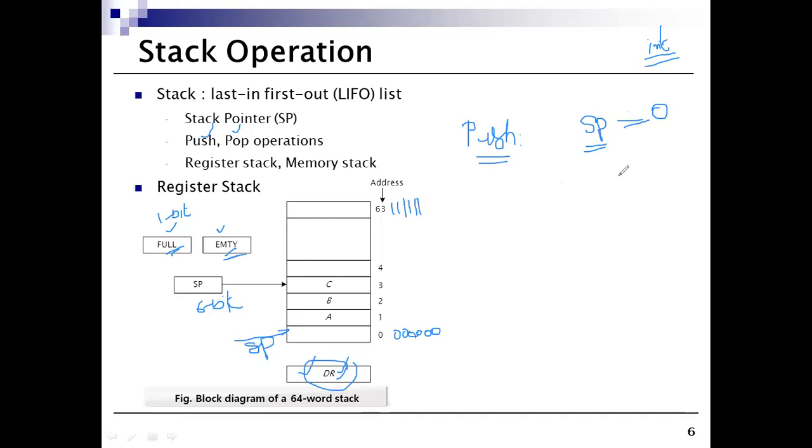And what about the full flag? It will be 0, which indicates that the stack is not full. And the other flag, empty? Now the stack is empty, so empty will be 1.